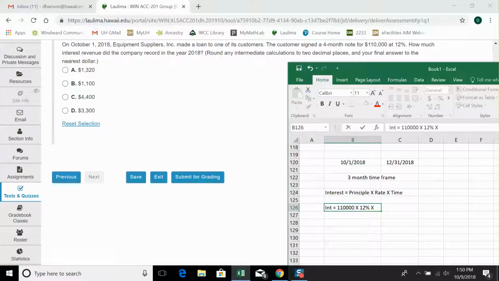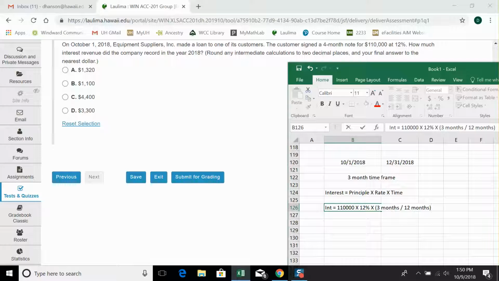Okay, so now we're looking at a 3-month time frame that has passed. So I'm going to take 3 months, maybe I'll do this in parentheses, 3 months divided by 12 months in a year.